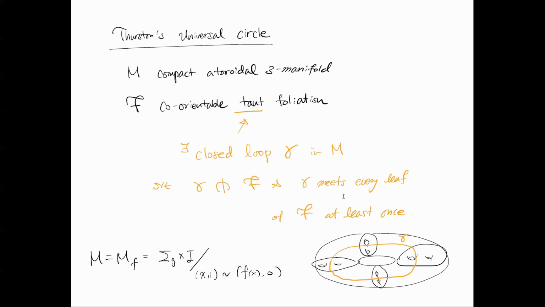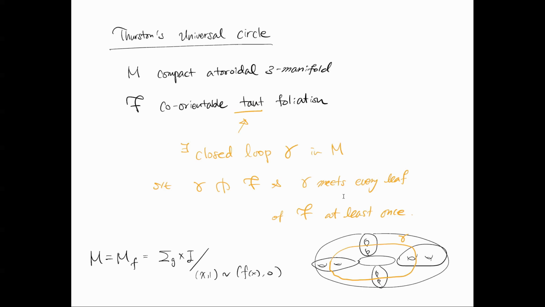You have two boundary components, both homeomorphic to sigma G. Now I have a homeomorphism on sigma G, so I use it to glue these two boundary components to form a three-manifold without boundary. That construction is called the mapping torus, a closed three-manifold which has a cross section that is always a copy of sigma G. If you consider a loop traveling around this mapping torus once, you get a witness for this foliation to be taut.